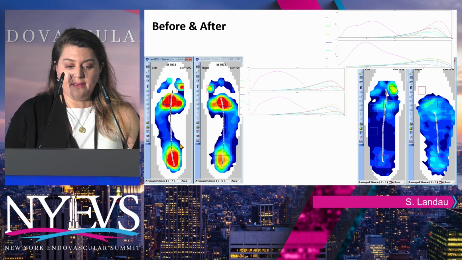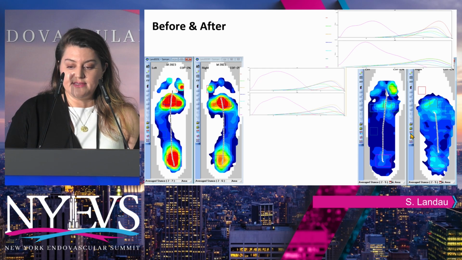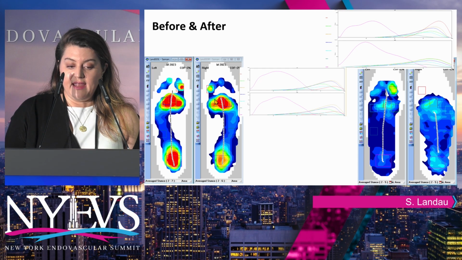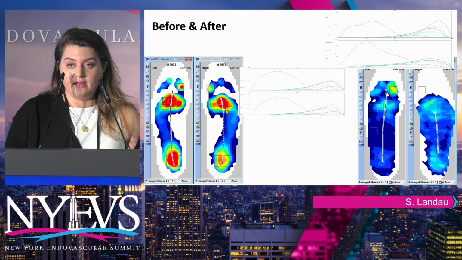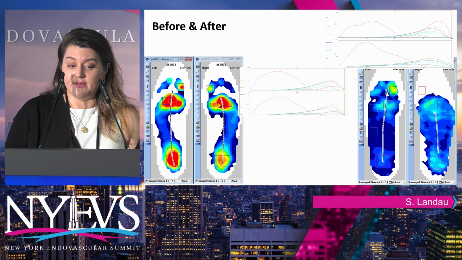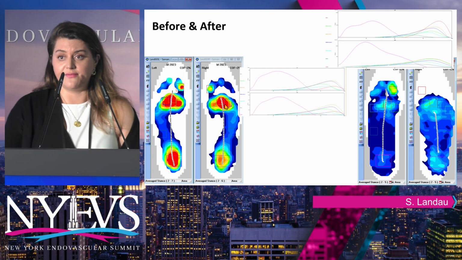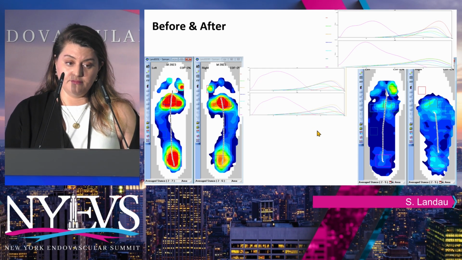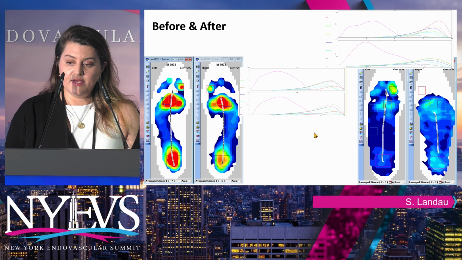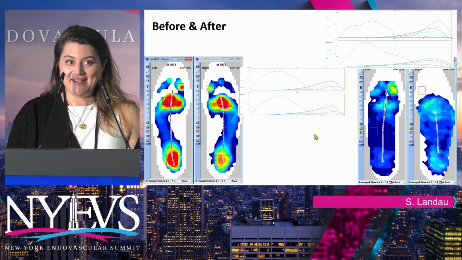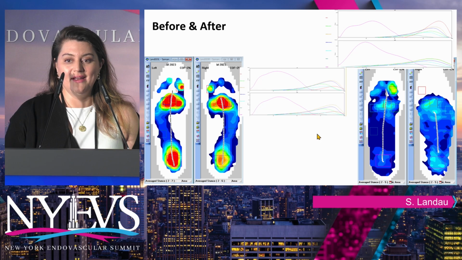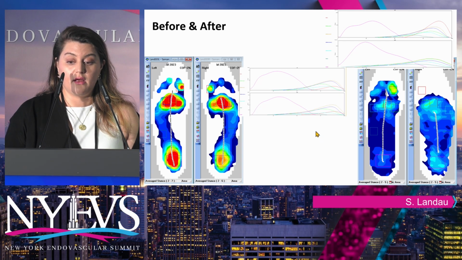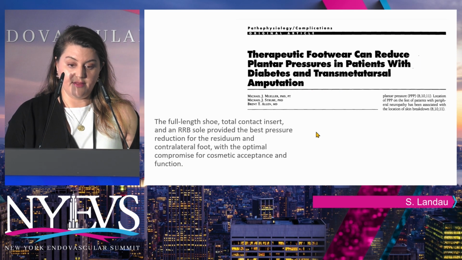So this is what my barefoot was before that, and this is what it was after. I had nothing on the right side but the cam boot, and it really did significantly reduce my forefoot peak pressures. So I definitely want you guys to have that as a takeaway: if you are going to do a cam boot, you do have to look at the contralateral limb as well.